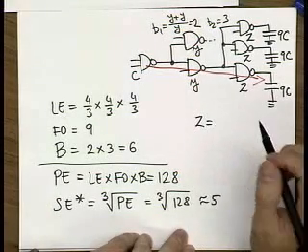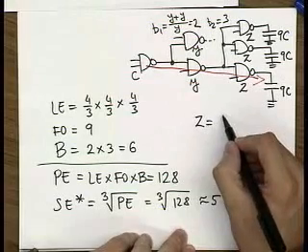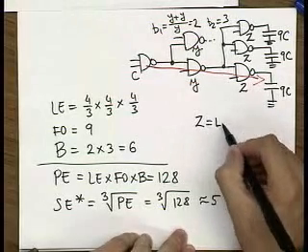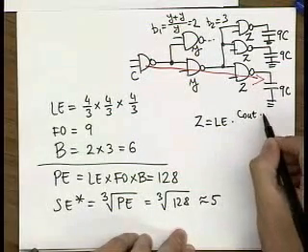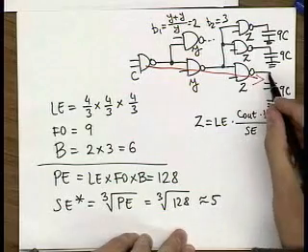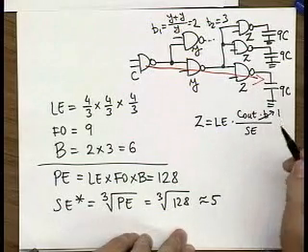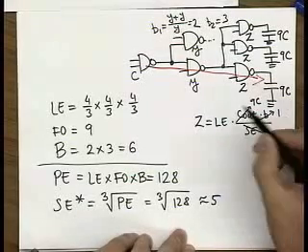The size of Z is equal to output of Z. So you have logical effort times C out times branching divided by stage effort. Branching over here is equal to 1. C out is equal to 9C. Stage effort is 5.